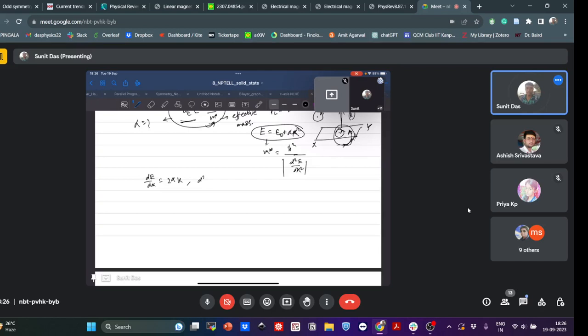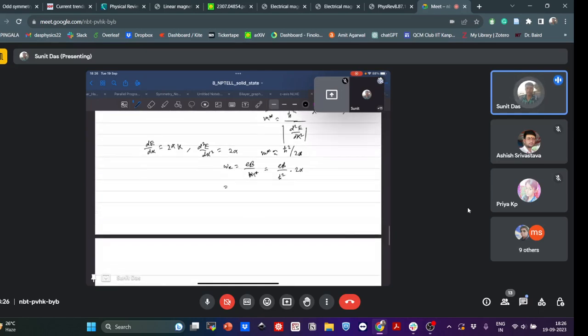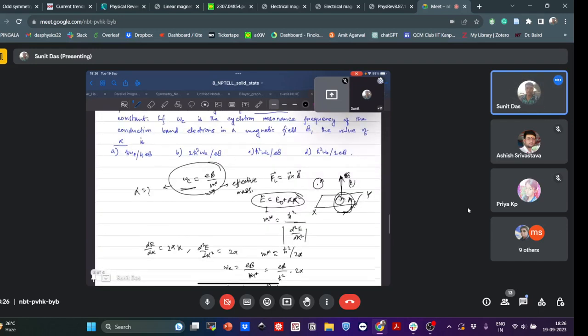And then d2E by dk2 will be 2 alpha. So m star is h square by 2 alpha, and omega c is given by eB by m star. So eB by h square into 2 alpha, and we need to find alpha. So alpha will be h bar square omega c by 2eB, which is this option.